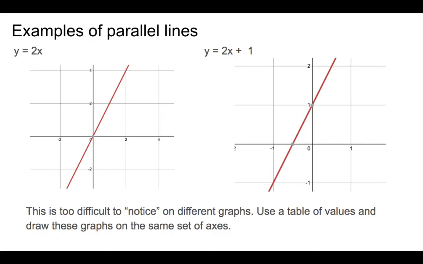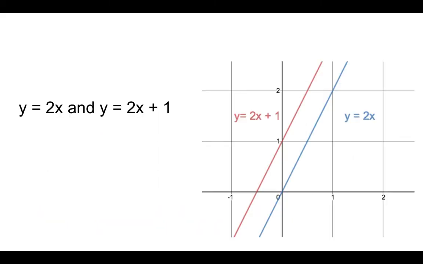So the scaling isn't exactly the same. Would that change it? We always question everything. So we've got y equals 2x and y equals 2x plus 1 drawn on the same graph here to show that they are an equal distance from each other.